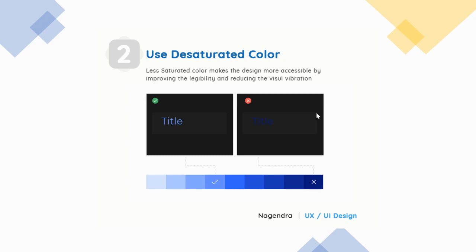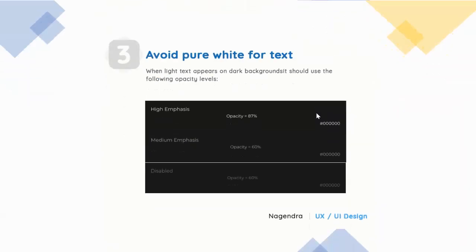The third tip is avoid pure white for text. On colors are colors that appear on top of components and the surface.